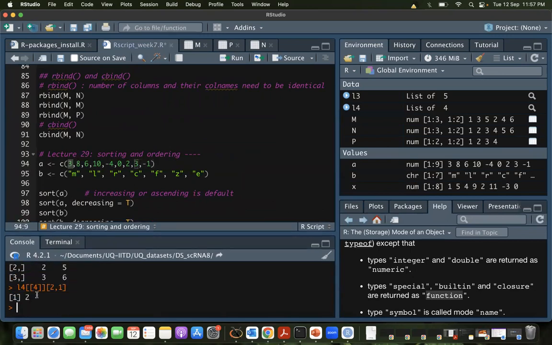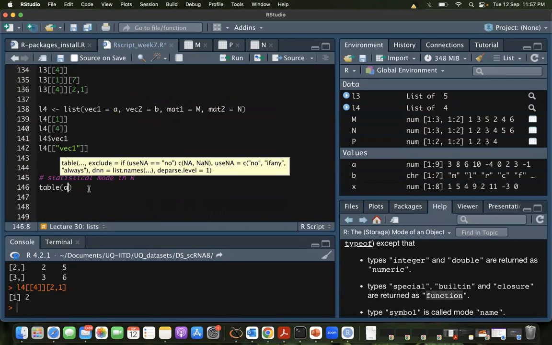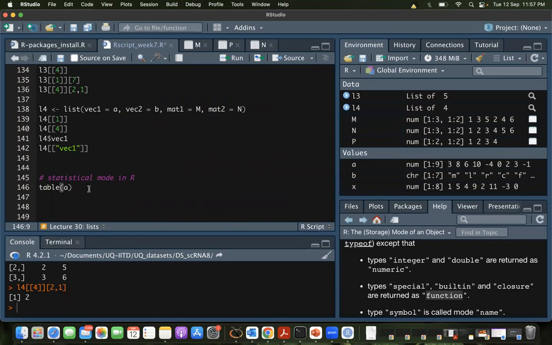I am not sure if there's a simpler way, but there is this one, statistical mode in R. There's a function called table, and table is basically going to give you the frequency distribution.